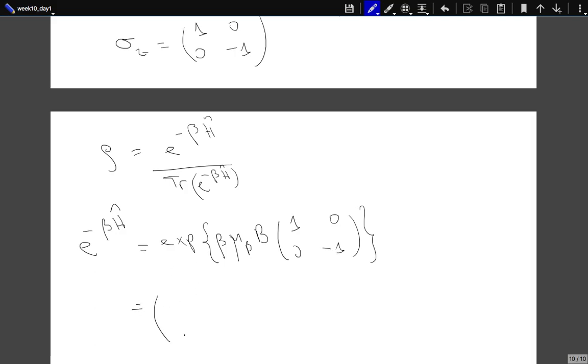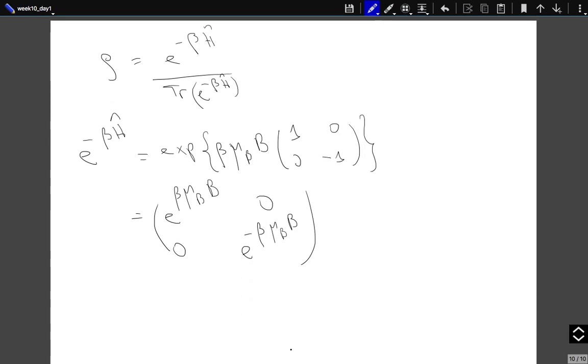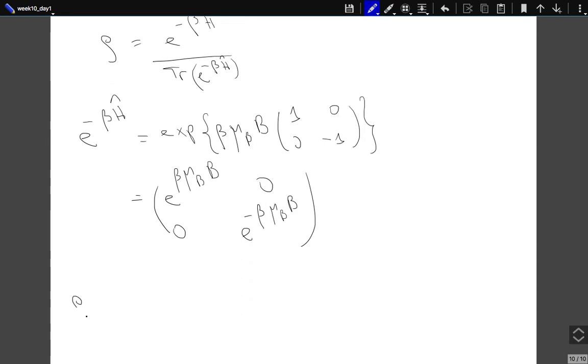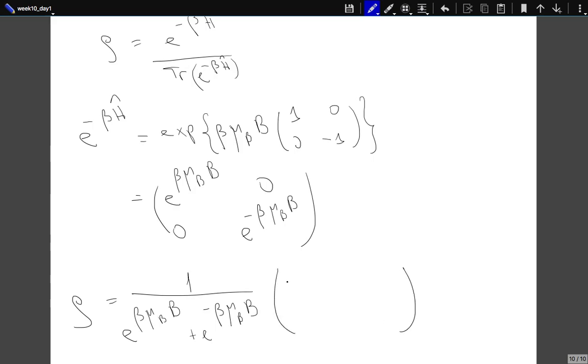This is just a 2 by 2 matrix with the diagonal entries e to power beta mu b, b, 0, 0, e to power minus beta mu b, b. Now we can write the density matrix. The trace of this one is 1 over e to power beta mu b, b plus e to power minus beta mu b, b times this 2 by 2 matrix.